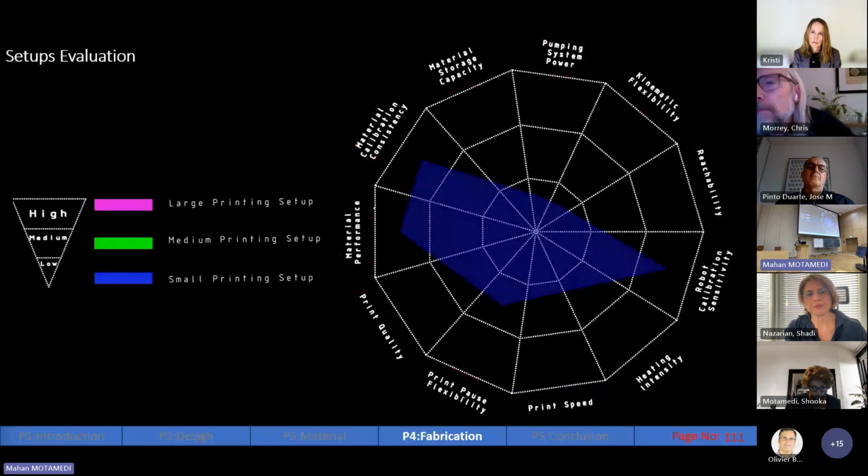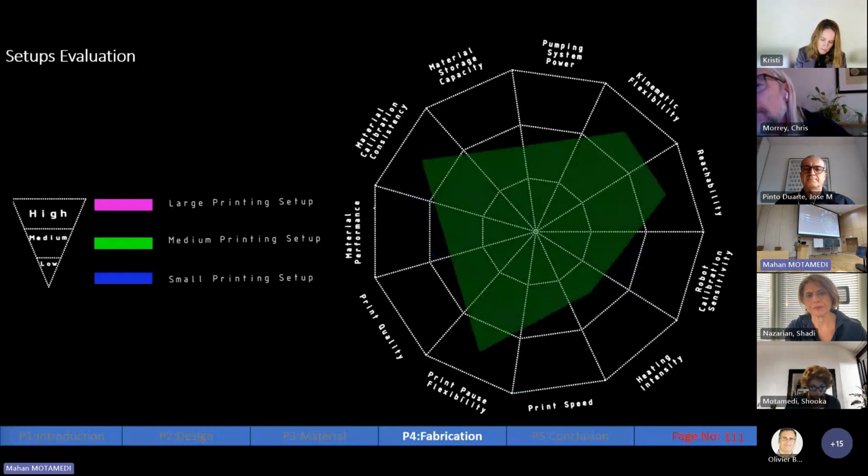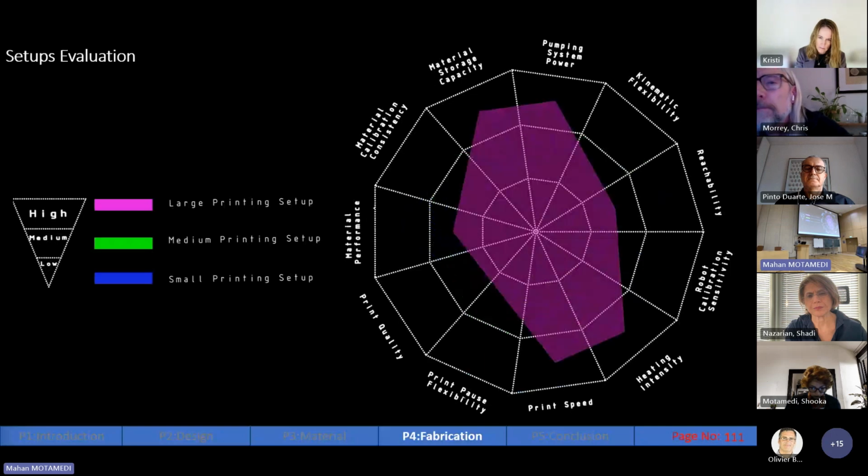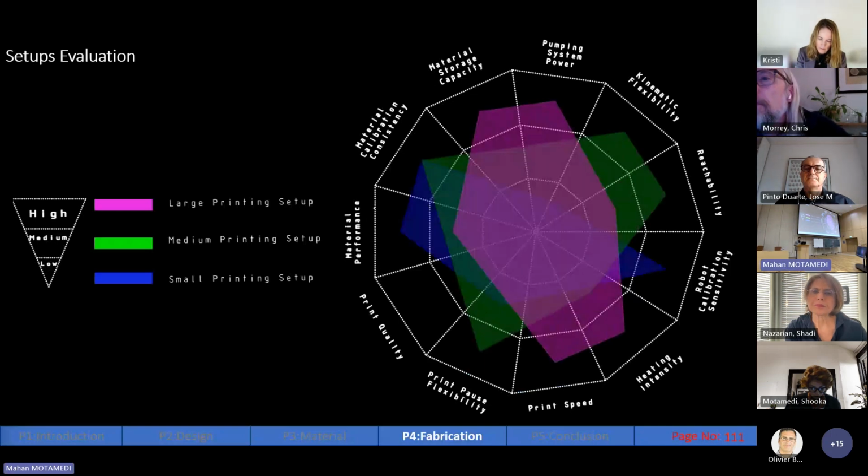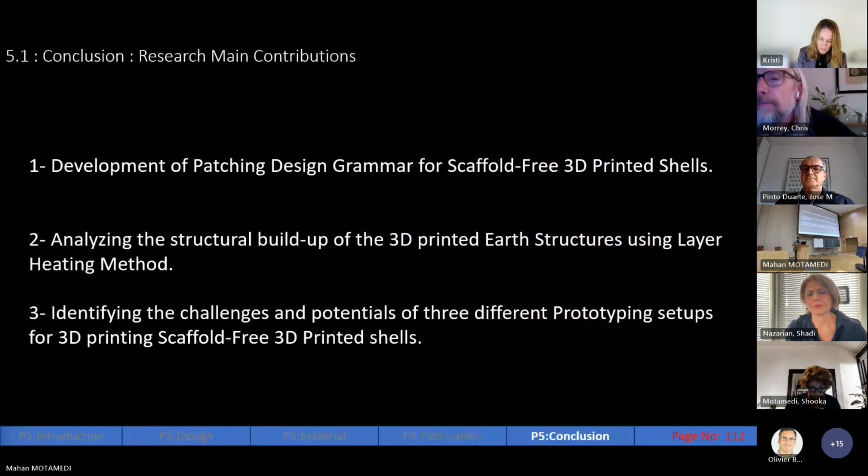So here, the blue one is the small prototyping setup, which means that it has high material consistency, material performance, and high robot calibration sensitivity. And here there is the evaluation for the medium prototyping, and this one is for the large one. And here is the comparison of the 3.